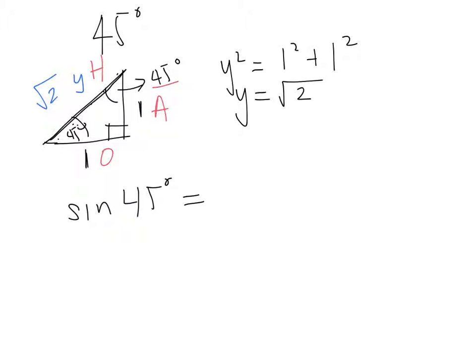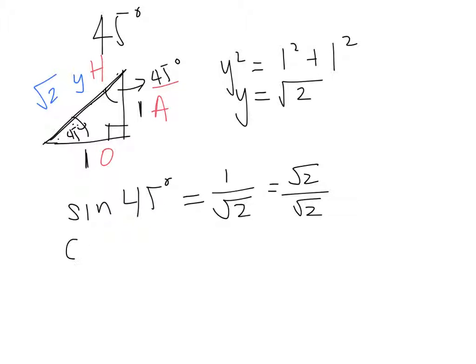I can just put that in over here. That's surd 2. So when I fill in my ratio at the bottom, sine 45 is going to be 1 over surd 2. Since the denominator becomes irrational, I want to make it rational, and to do that I'm going to make it surd 2 on 2, using the method we talked about earlier.